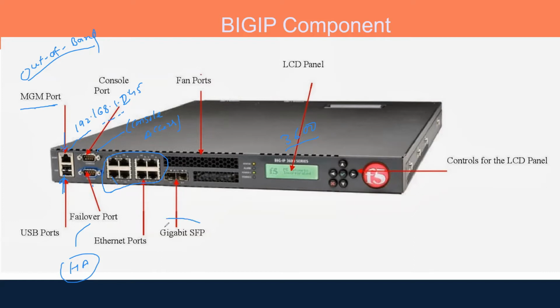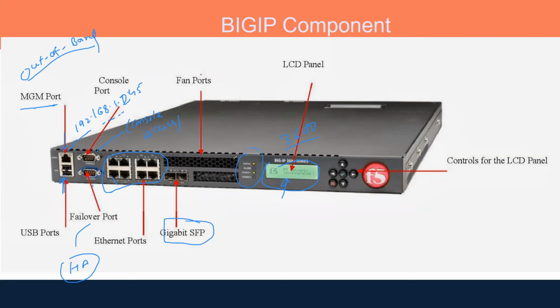Then you have a gigabit SFP port. Here you can insert the SFP. This is the LCD panel using which you can do the configuration. For example, if you want to change the IP address, you can use this navigation key. You can get the particular IP setting, and from here you can change the IP address.